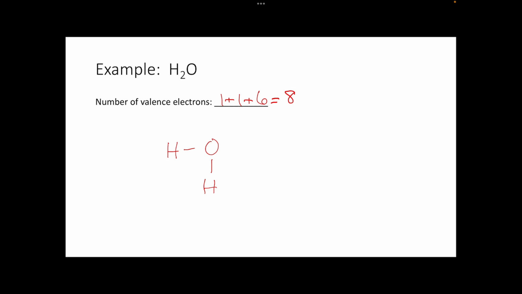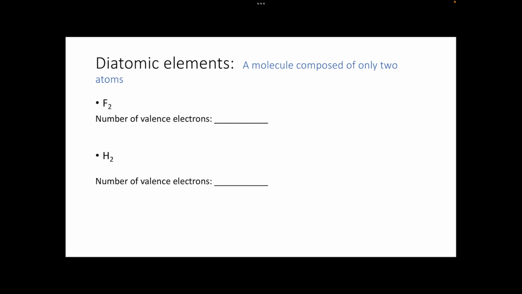All right, each bond has 2 electrons, so that's 2, 4, so we have 4 more electrons to put around. Now, we don't want to put them around the hydrogen because hydrogen will never have electrons around it. So we can put the electrons around the oxygen, okay? And that's that one.